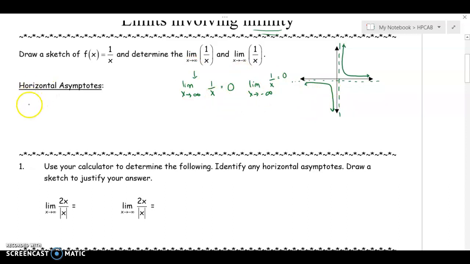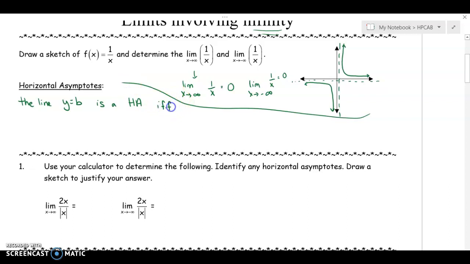Horizontal asymptote, something to be aware of. The line y equals b is a horizontal asymptote, HA, if and only if either the limit as x approaches positive infinity of f of x equals b, whatever that y value is equal to, or the limit as x approaches negative infinity of f of x equals b.